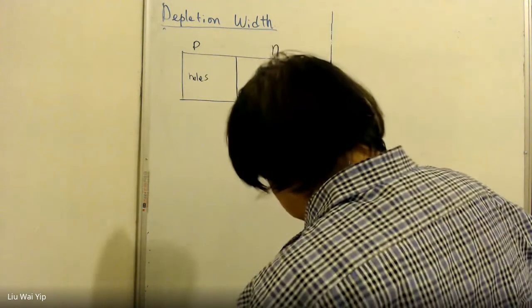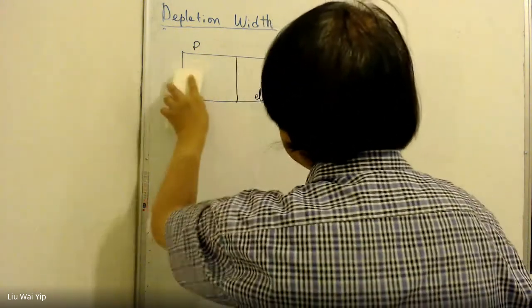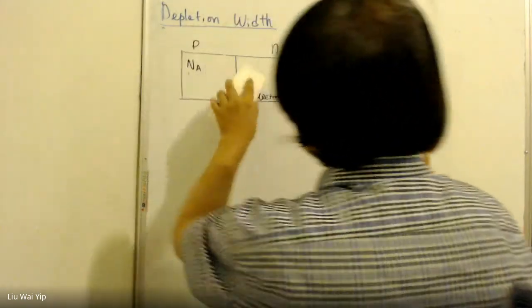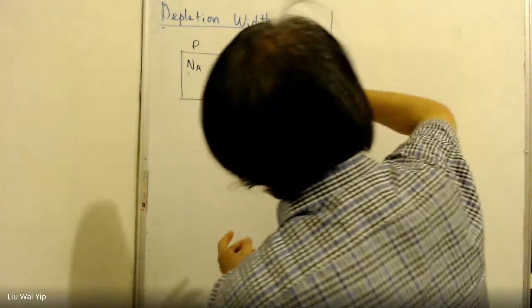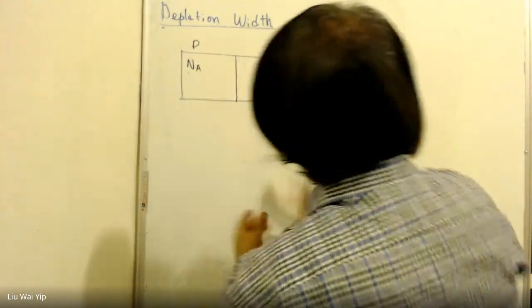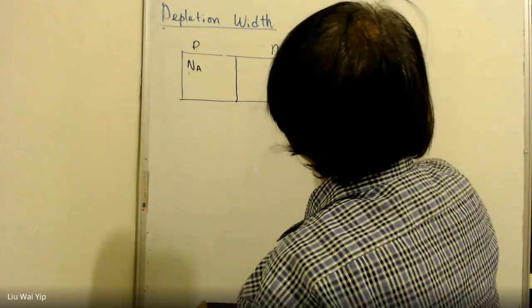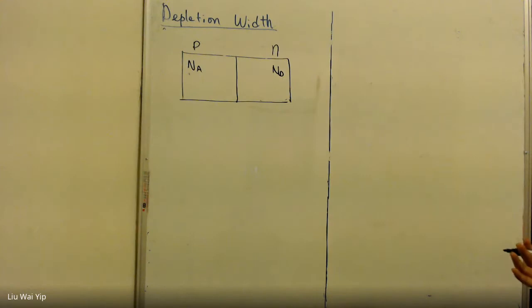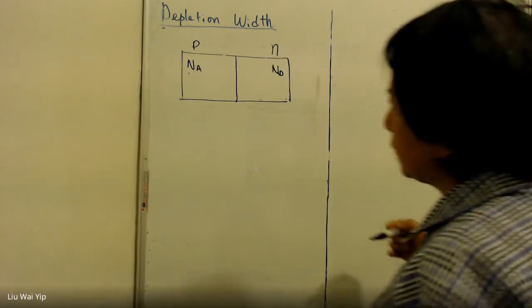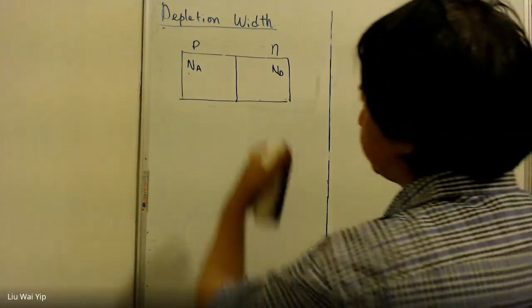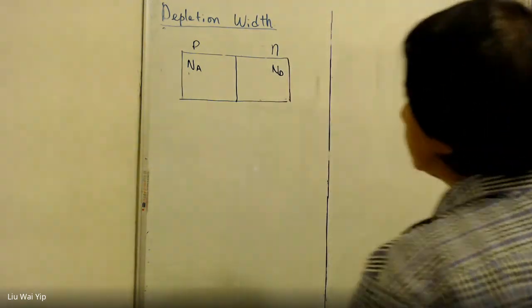The hole concentration is represented by Na. The electron concentration in the N region is represented by Nd, where Nd stands for the concentration of donor atoms and Na stands for the concentration of acceptor atoms.